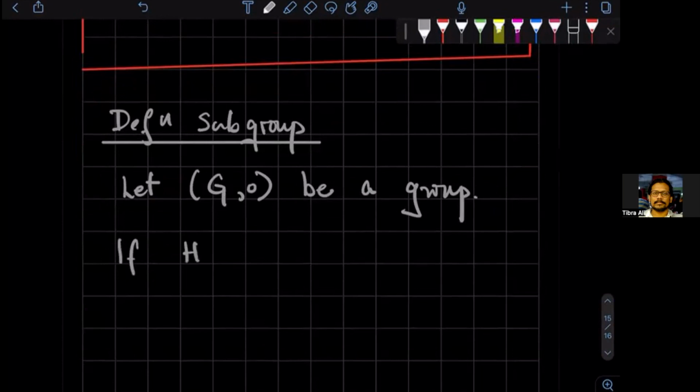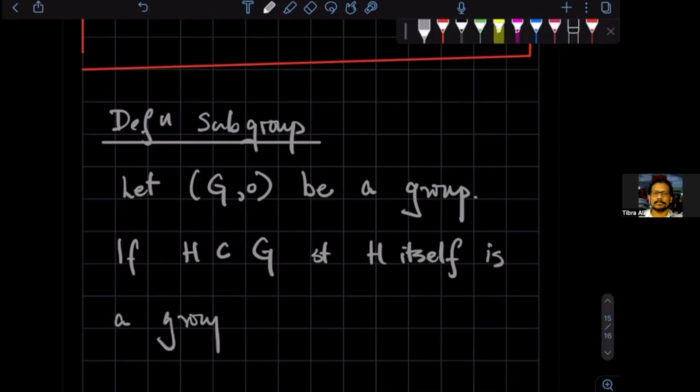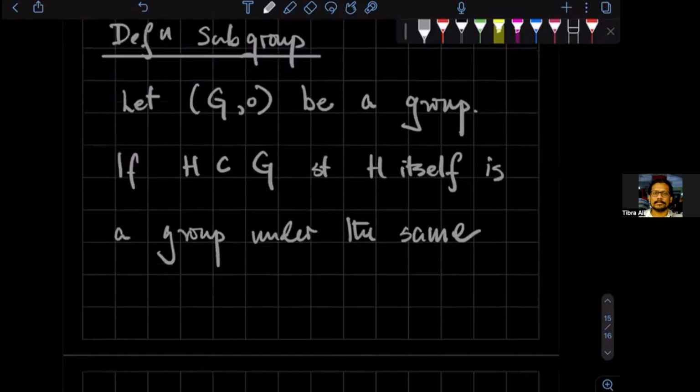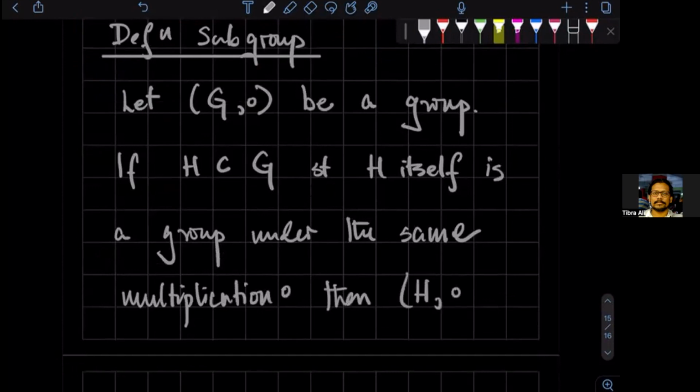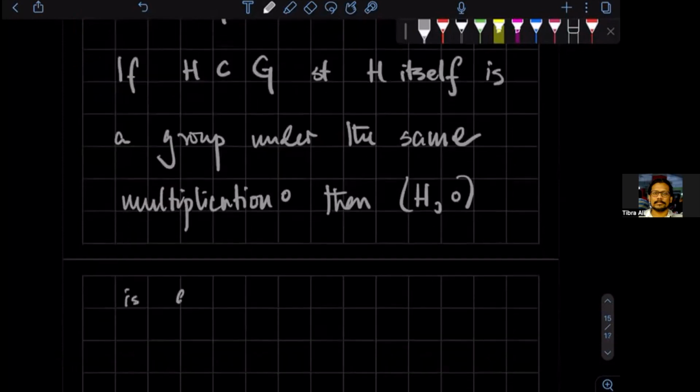If H is a subset of G such that H itself is a group under the same multiplication, then H is a subgroup. Okay.